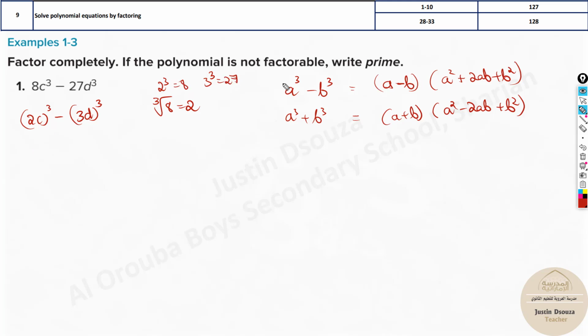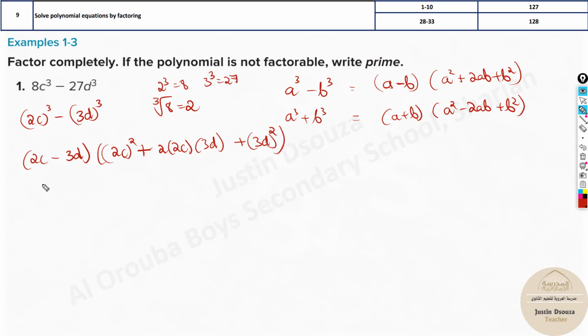Now I can apply the formula a cube minus b cube. So it will be 2c minus 3d, multiplied with the first term square, 2c the whole square, plus 2 times 2c times 3d plus 3d the whole square. This entire thing.